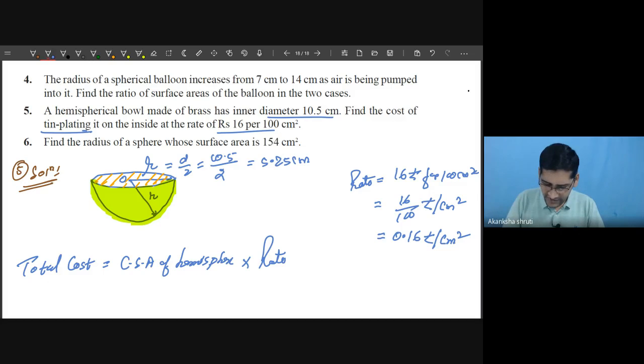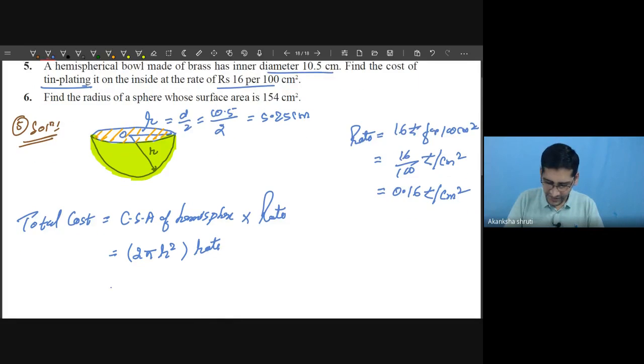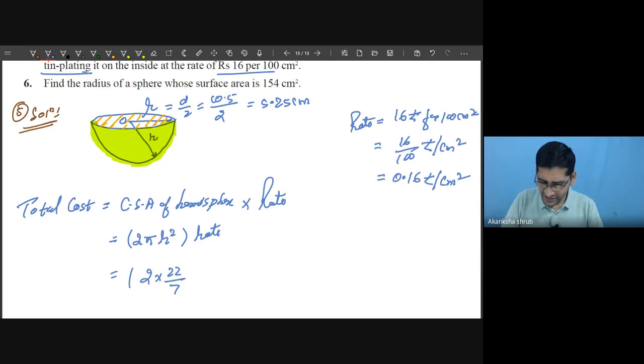The CSA of a hemisphere is 2 pi r square, into the rate. We will substitute it: 22 by 7. The radius here is how much?